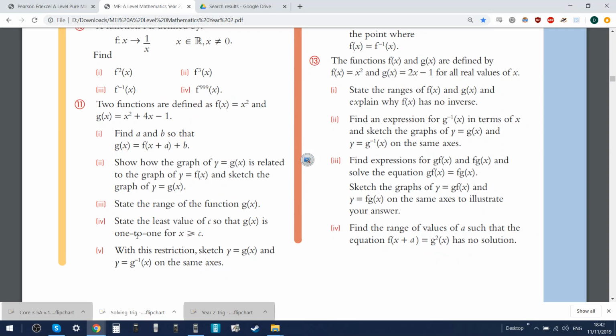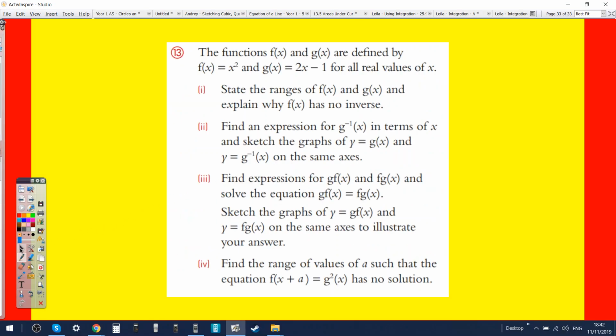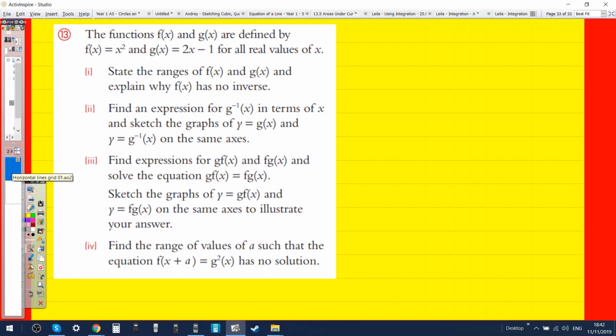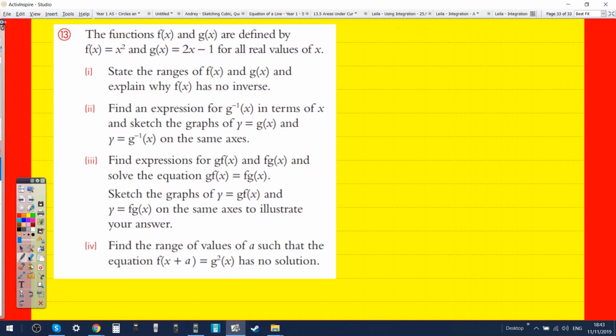Let's do part 3. How would you do part 3? Find the expression for g of f of x or f of g of x. This is what is meant by composite functions. Oh yeah, so you just substitute f of x for x in g of x for the first part.